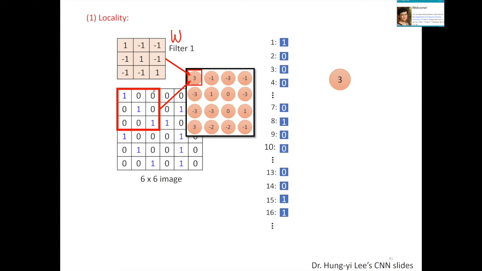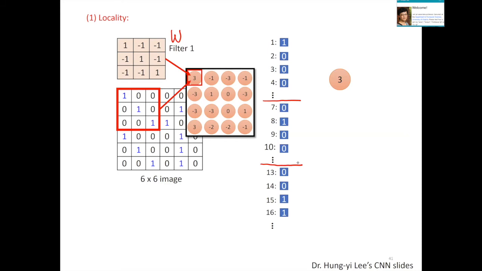Essentially, I'm writing out the full 6 times 6 image into this row, and you can tell the first pixel, the second pixel, and the third pixel are 1, 0, 0. And then 0, 1 is starting from the second row, and 13 is in fact the third row.